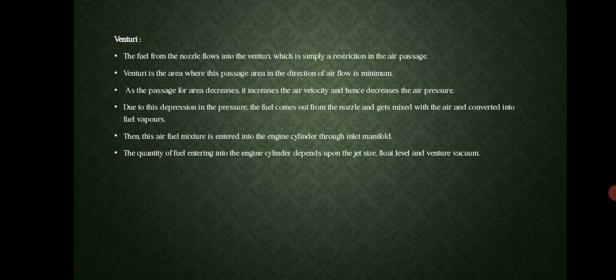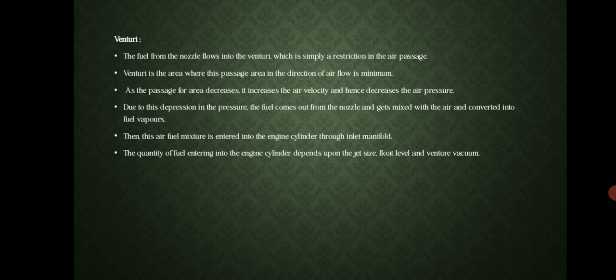Venturi. The fuel from the nozzle flows into the venturi, which is simply a restriction in the air passage. It is the area where the passage area in the direction of the airflow is minimum. As the passage area decreases, it increases the air velocity and hence decreases the air pressure.